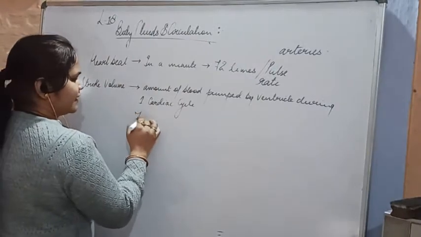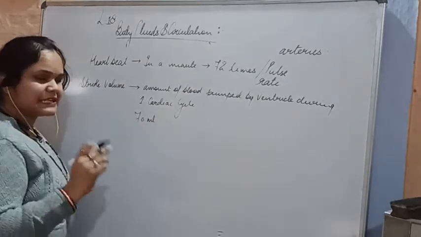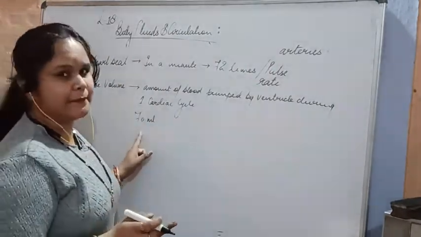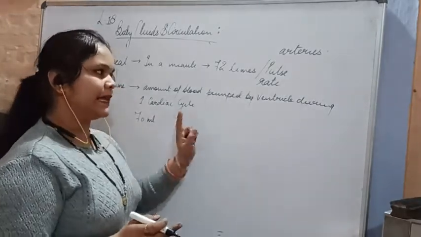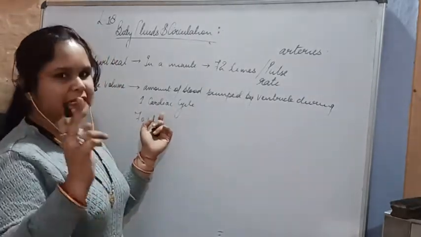It is 70 ml. 70 ml of blood is pumped by each ventricle during one cardiac cycle.